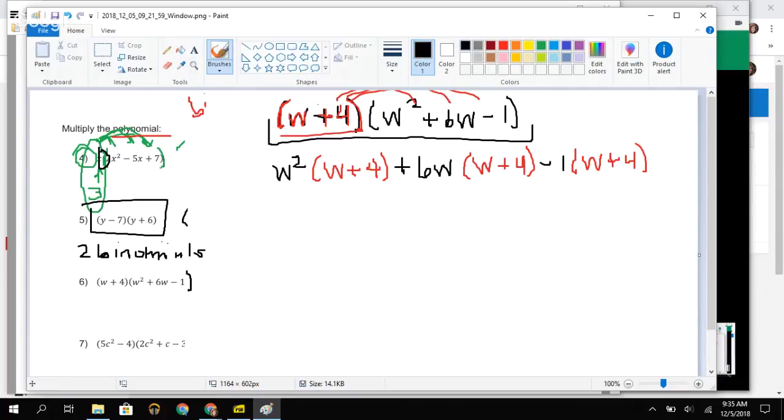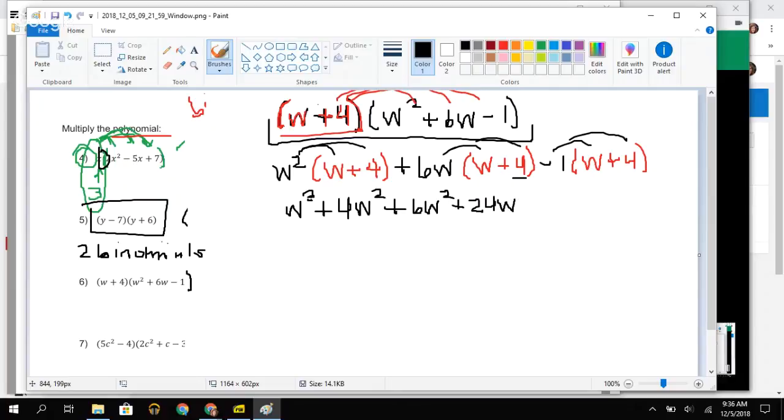I get to distribute each of these again to get rid of the w plus 4. So w squared times w is w cubed. w squared times 4 is plus 4w squared. 6w times w is plus 6w squared. 6w times 4 is 24w.